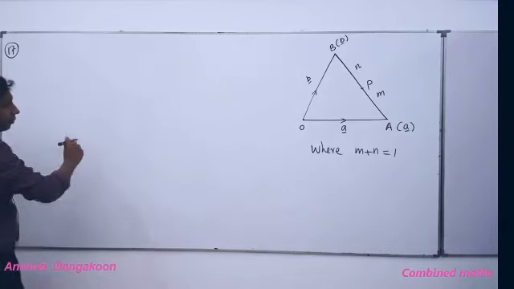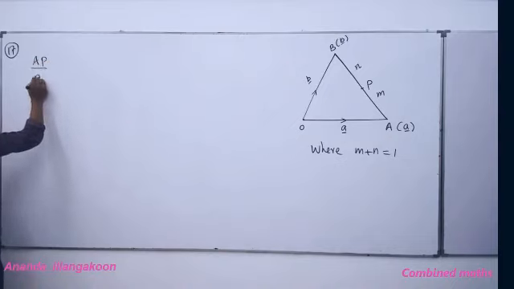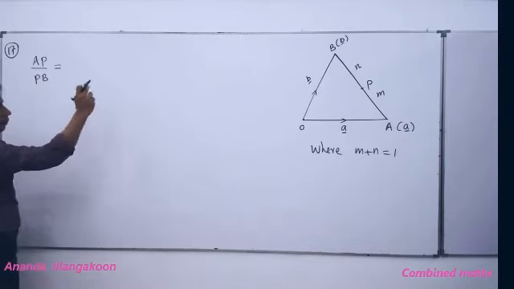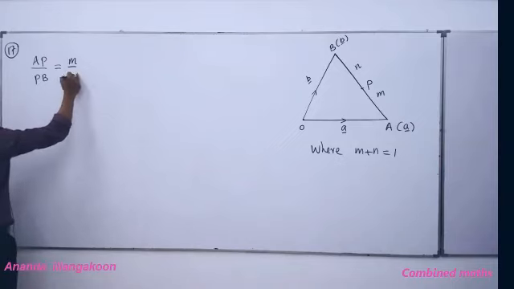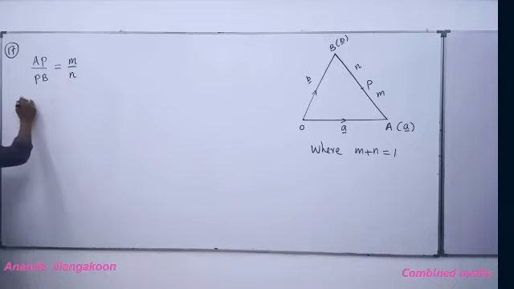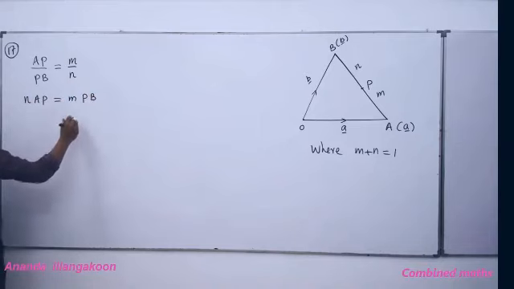We can write first the AP to PB ratio. A to P, P to B is M divided by N. Use cross multiplication: N times AP equals M times PB.